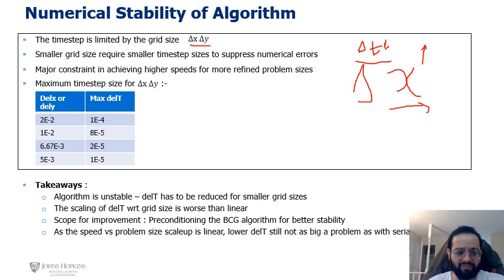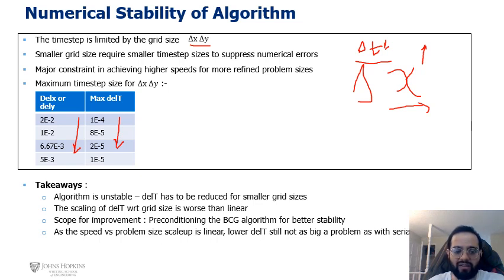As we can see, with reducing delta x, we actually do need to reduce our time step size, which is one shortcoming, because that means that to tackle refined grid sizes we would require more time than expected.